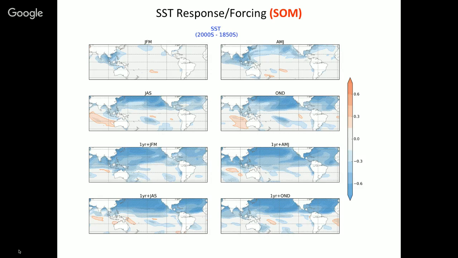After that, it's everywhere warm, cold. It's hard to see a seasonality in this, but it's too strong a trend.